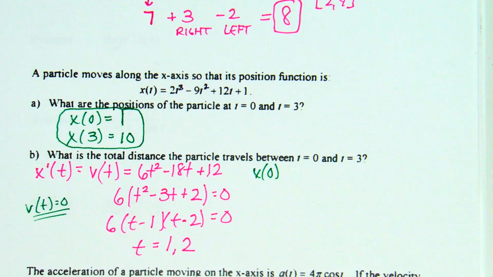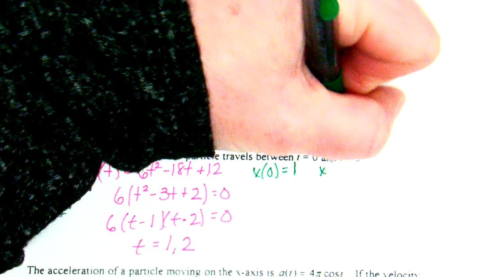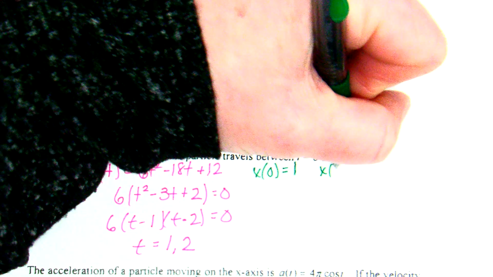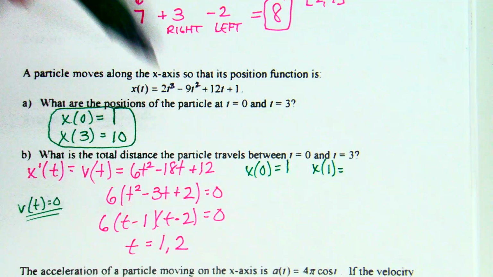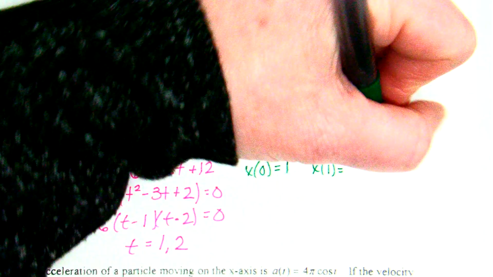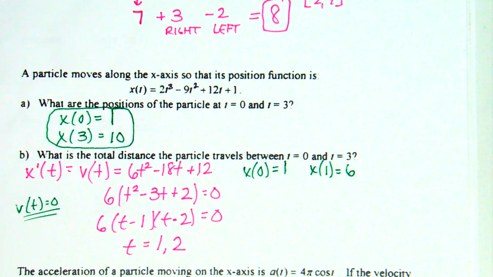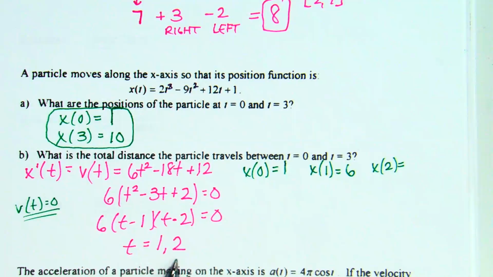So we already know the position at 0 was 1, correct? Position at 1. What's my position at 1? Oh, it is. Okay, so x of 1 is 6. And we're plugging not into velocity, but back into the original, yes? We also need to know the position at time 2, because that's where velocity is equal to 0. So position at time 2, what's x of 2?